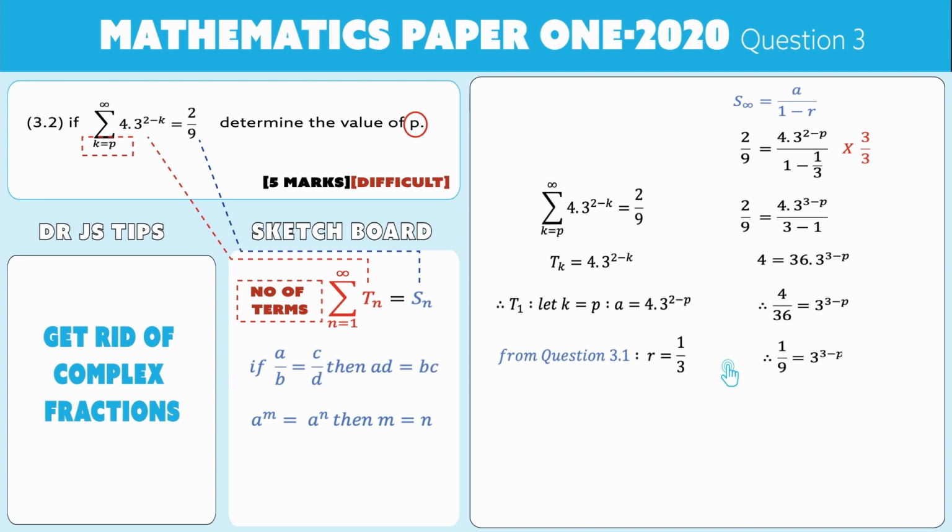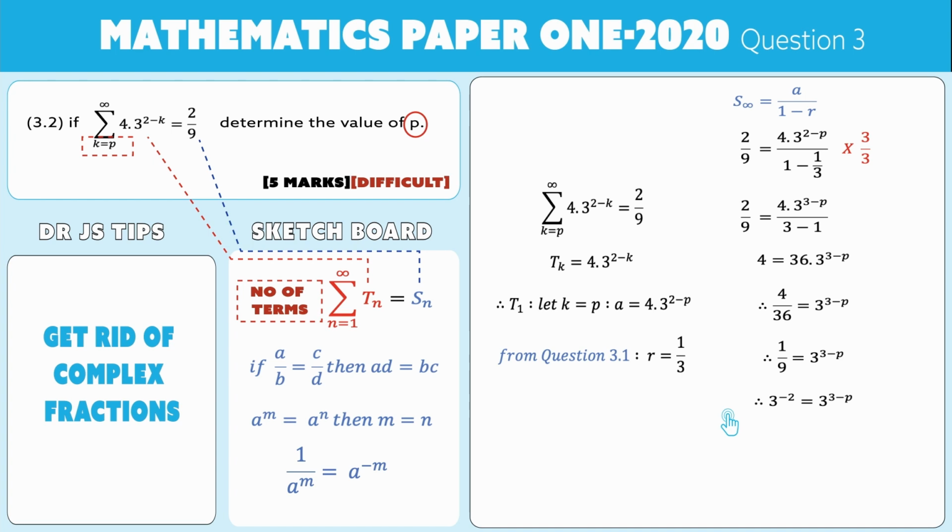So I get 3 to the minus 2, which is 1 over 9. Remember your exponential rule, 1 over a to the m is the same as a to the minus m. And that's what we did here.